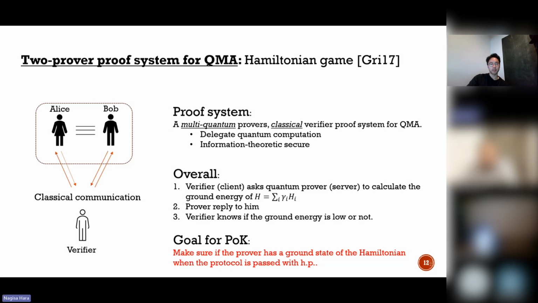So in this case, we are more interested in whether the prover actually possesses the ground state of the Hamiltonian without cheating.